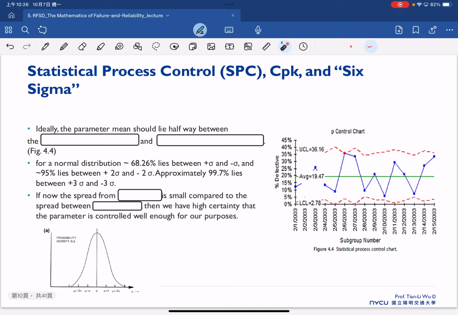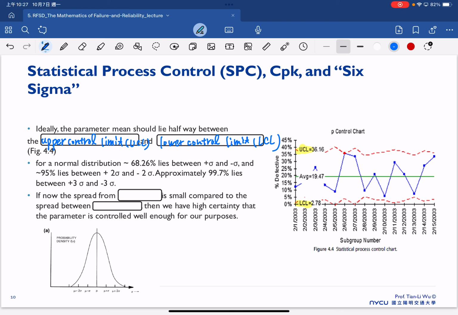In the end, we hope our spec values should be inside what we call the upper control limit. So we have the UCL and LCL, and the UCL is what we call the upper control limit. That's UCL. And we have a lower control limit. That's what we call LCL.